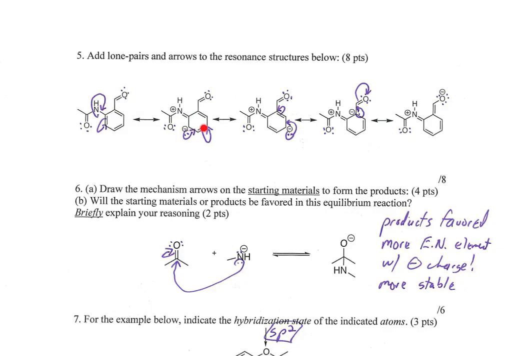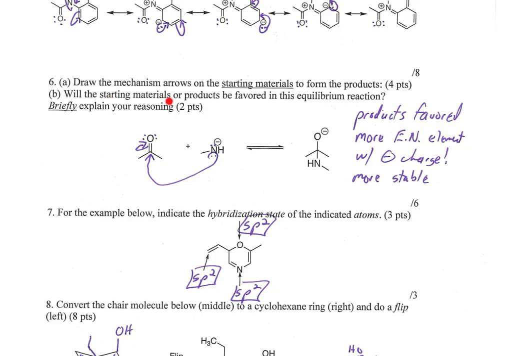Carbanion makes new pi bond, breaks carbanion. Lone pairs make a pi bond, breaks carbanion. Carbanion makes pi bond, breaks O minus. So the biggest thing here is keeping track, adding your lone pairs, being careful with your arrow placements. If you're making a pi bond, the arrow needs to go between two atoms. If electrons are going to an atom, the arrow needs to go to an atom, so I've got to give you space to show that.